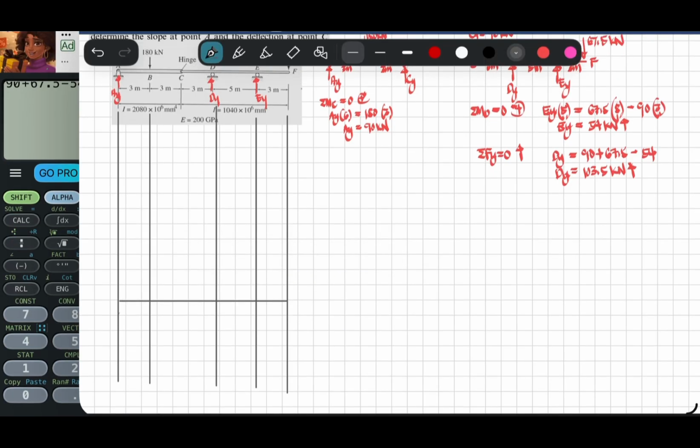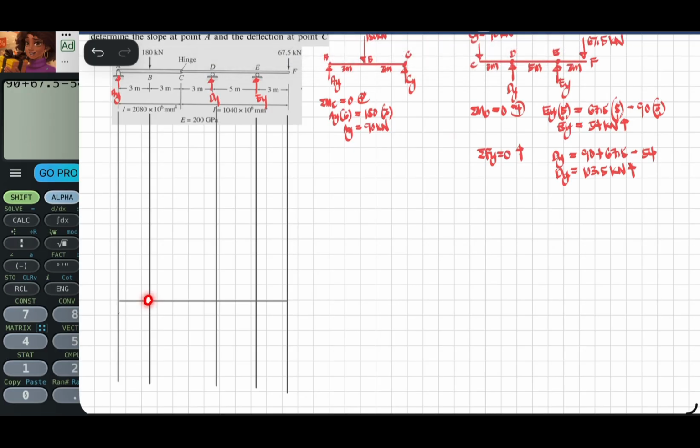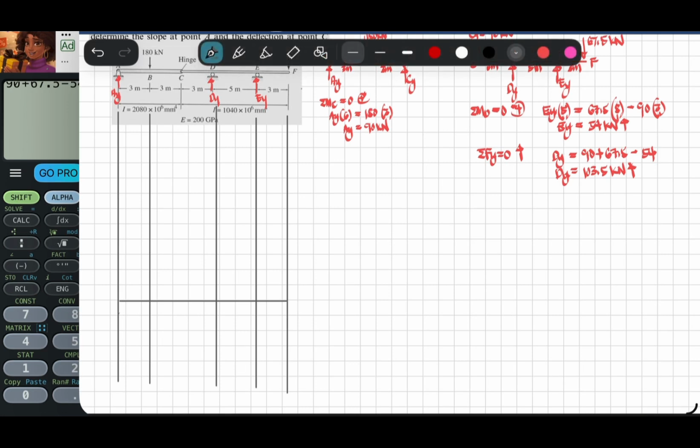Okay, so let's solve first the moment at B. Cut the beam, and then AY times 3 meters. So AY is 90 times 3, 270.